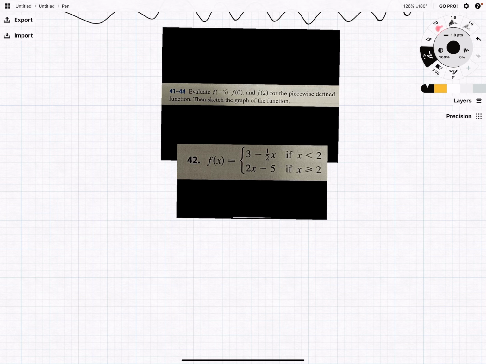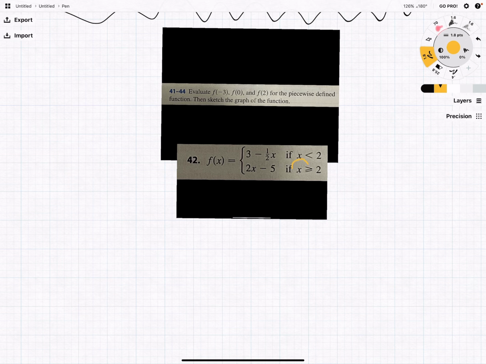One of the first things to understand before we get going is what a piecewise function is. An intuitive way to think about it would be like a two-part function. So if we look here, it says if x is less than 2, then we are going to use this function, 3 minus 1/2 x.